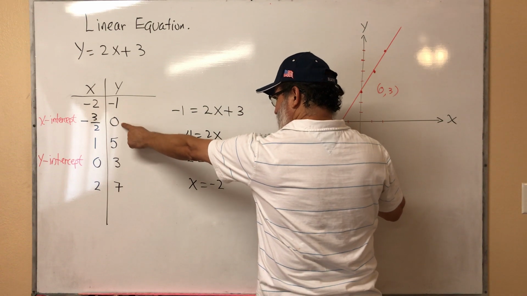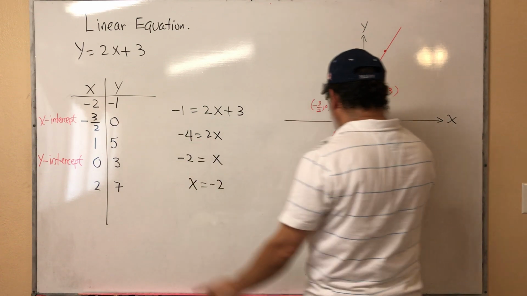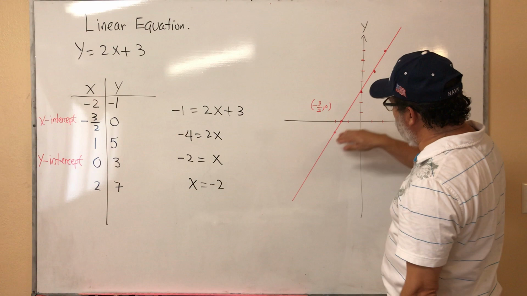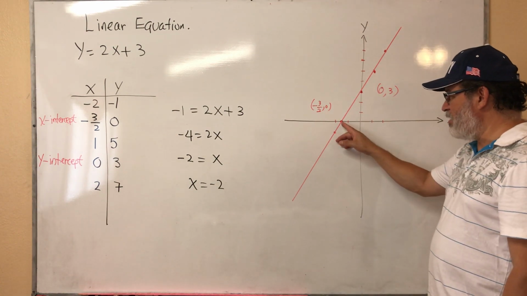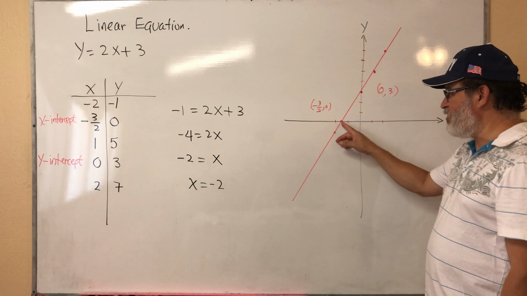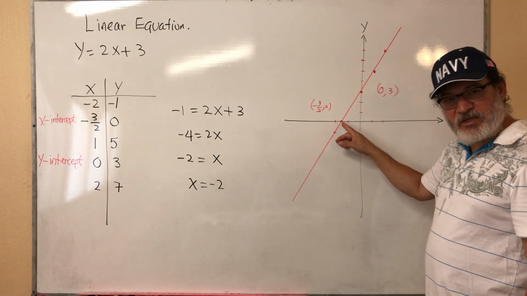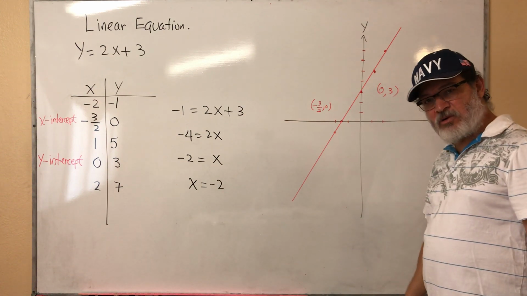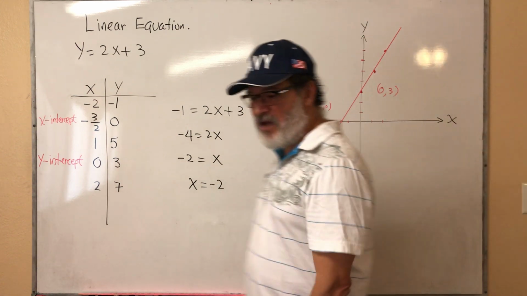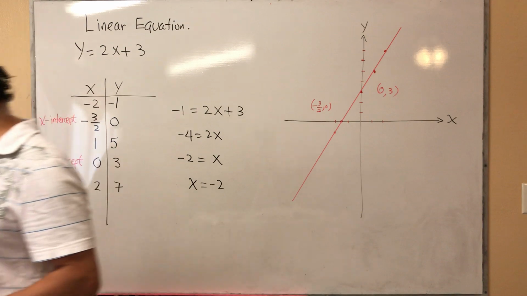This is the point where the line crosses the x-axis. How do you find the x-intercept? You let y be 0. How do you find the y-intercept? You let x be 0. And we have it. Okay?